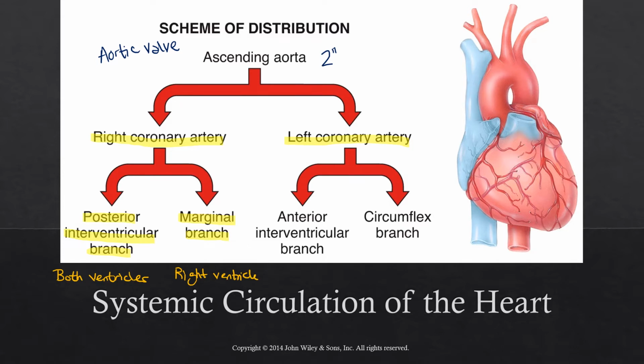Then from the left coronary artery, we have the anterior interventricular branch, and this supplies both ventricles as well. And then from the left coronary artery, we also get the circumflex branch, which is going to supply the left atrium and the left ventricle.